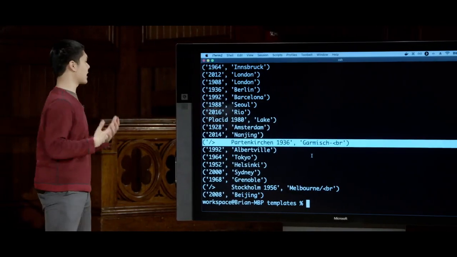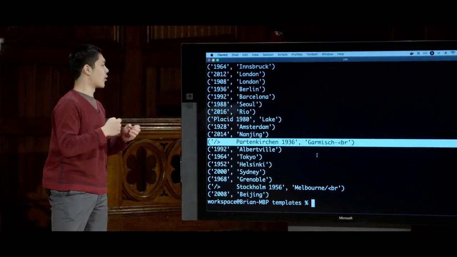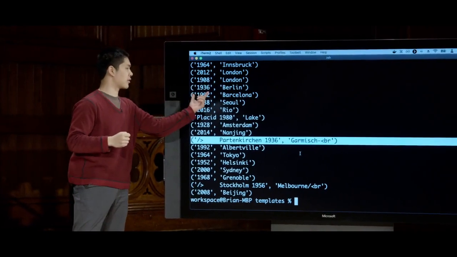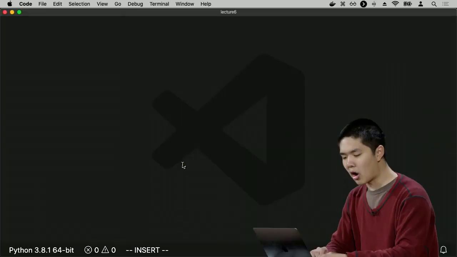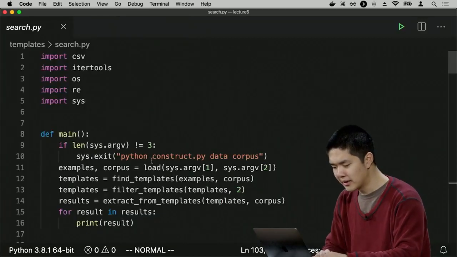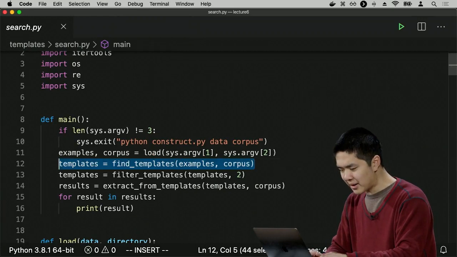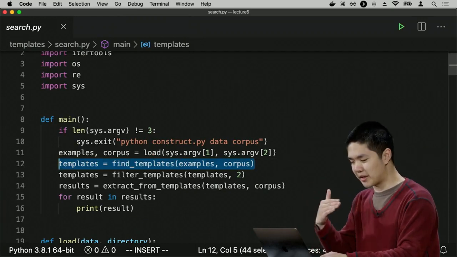So you could imagine adding rules to try and make this process more intelligent, making sure the thing on the left is just a year, for instance, and doing other sorts of analysis. But purely just based on some data, we are able to extract some interesting information using some algorithms. And all search.py is really doing here is taking my corpus of data and finding templates that match it.